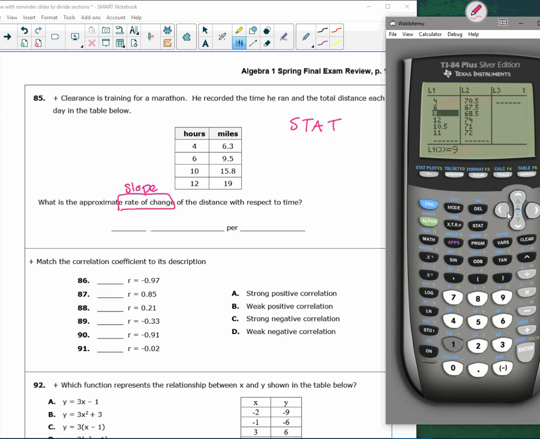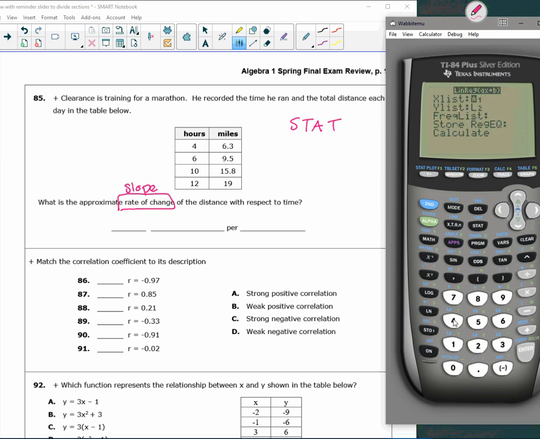4, 6, 10, 12. Don't want those. 6.3, 9.5, 15.8, 19. Don't want those. All right. Stat, Calc.